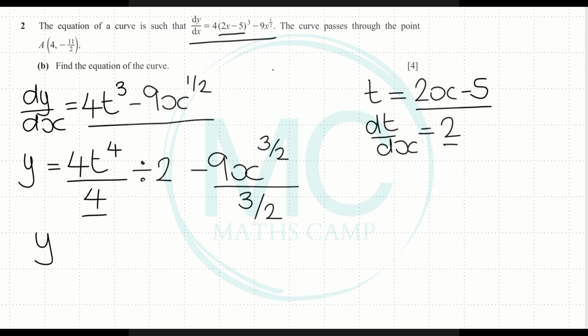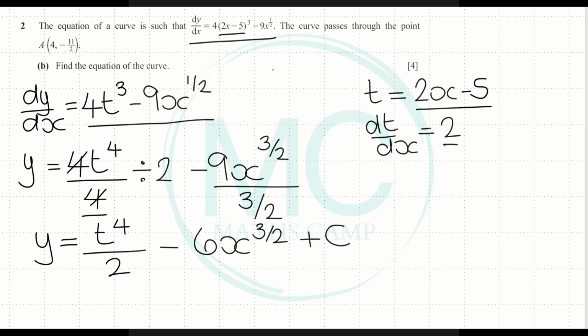We get y is equal to, the 4's cancel, and we get t with an exponent of 4 divided by 2 comes over 2, minus 9 divided by 3 is 3, multiplied by 2 gives us 6. We get 6x with an exponent of 3 over 2 plus c.